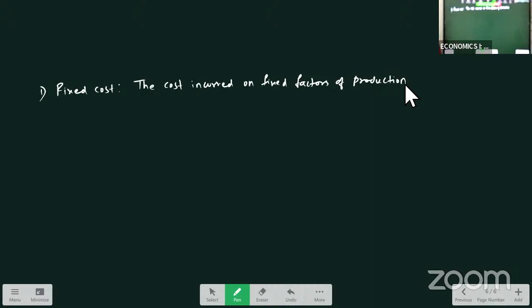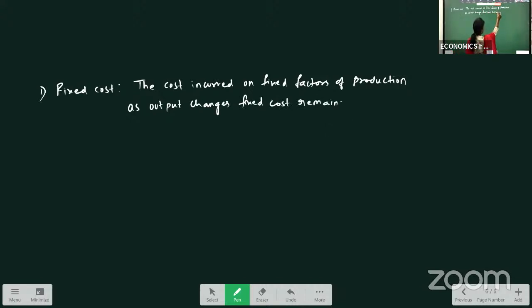And as the output changes, fixed cost will remain the same, because how much ever output you make, your cost of building, your cost of machinery will be the same. It will not change.